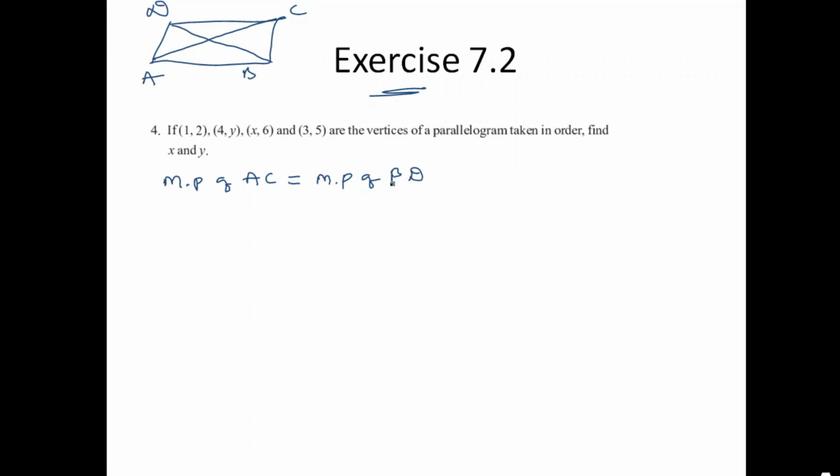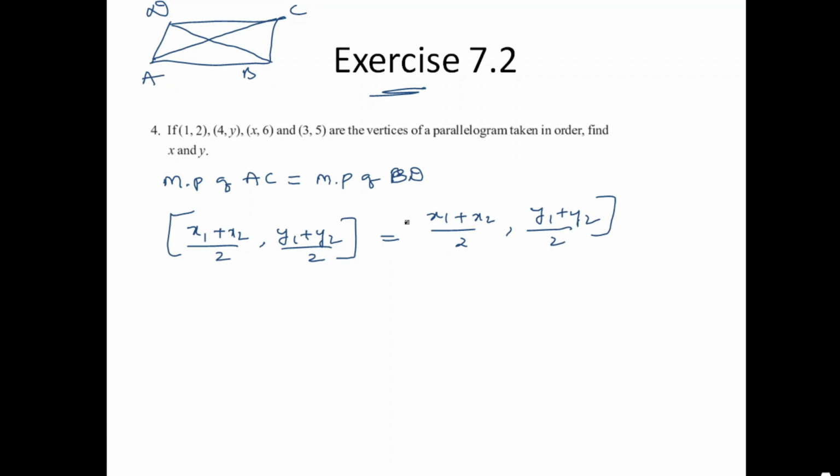Okay, B to D. So we have a formula for the midpoint: x1 plus x2 by 2, y1 plus y2 by 2, equivalent to, again here also the same thing, x1 plus x2 by 2, y1 plus y2 by 2, of this one and again of this one.